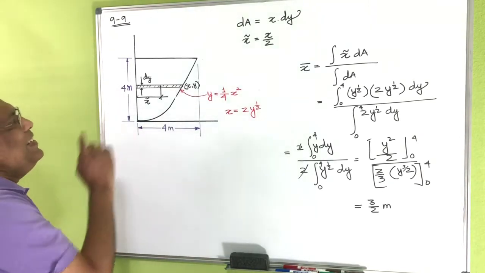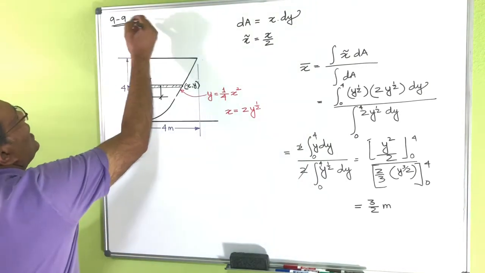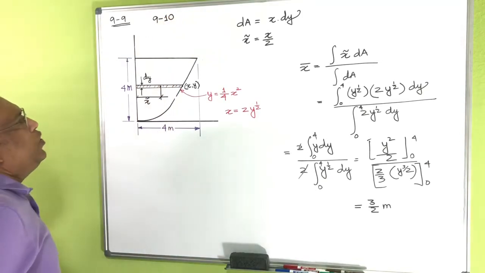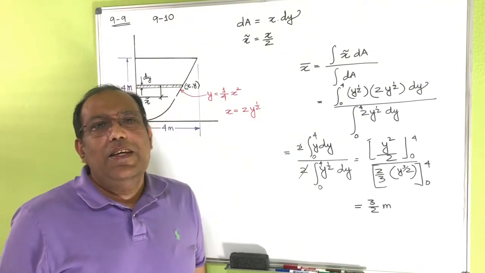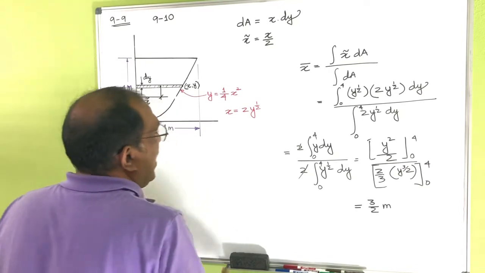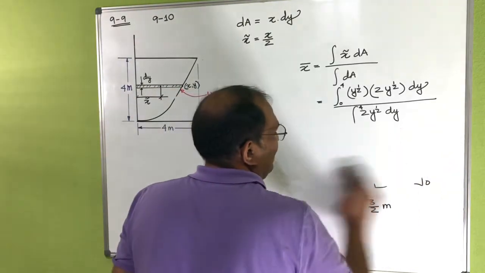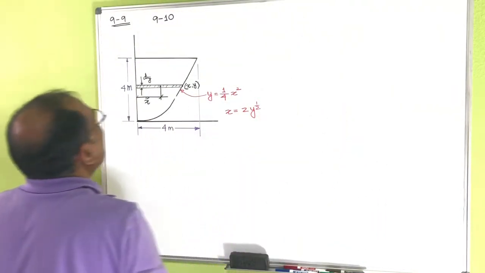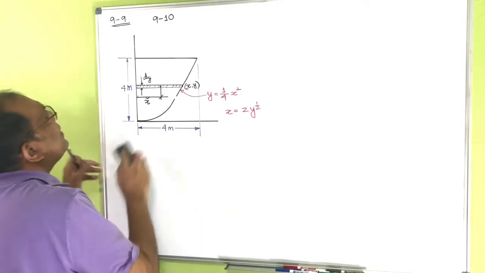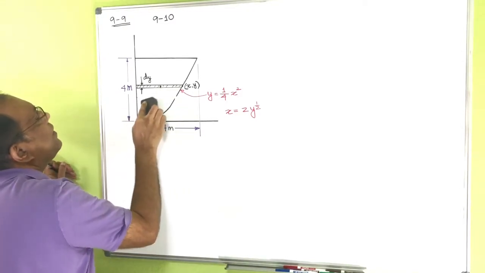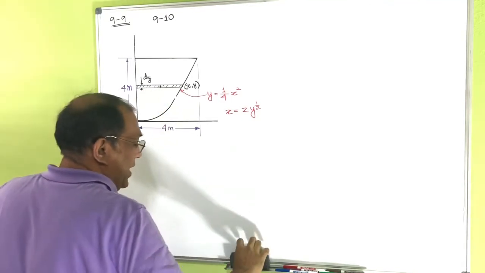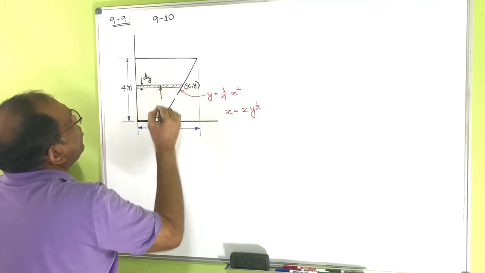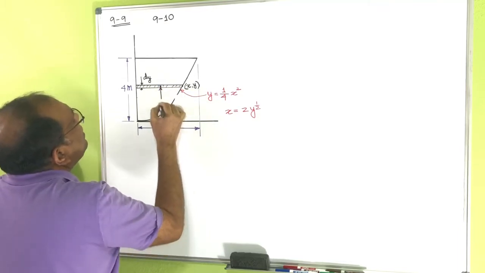Now, they didn't ask here for 9-9, but for 9-10, they actually ask you to find the y bar here. Now for y bar, you can see here that the centroid of that small thing is actually your y tilde.